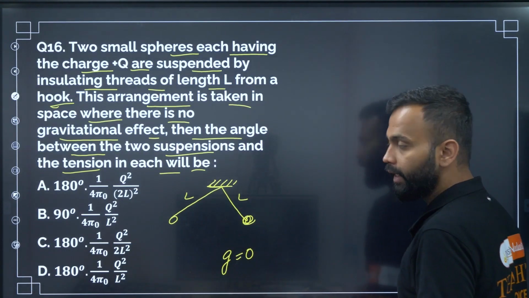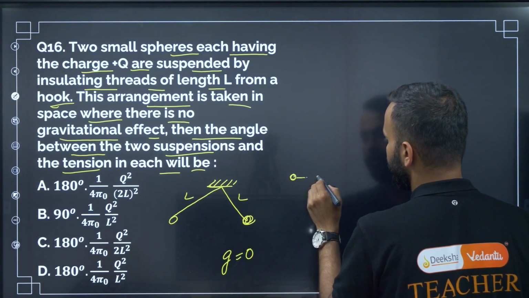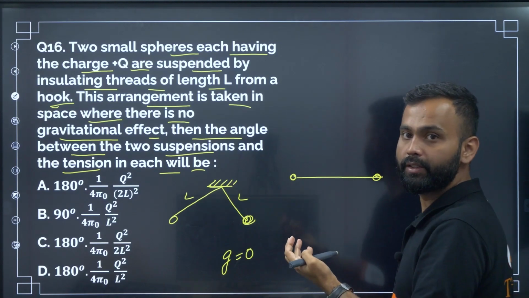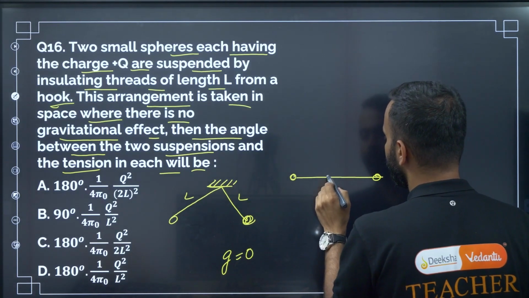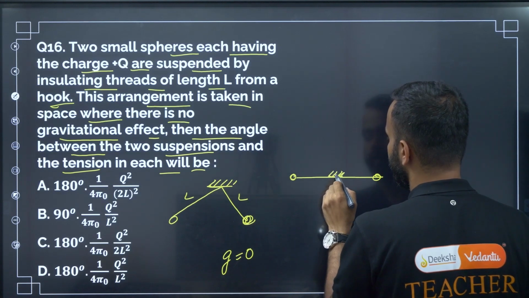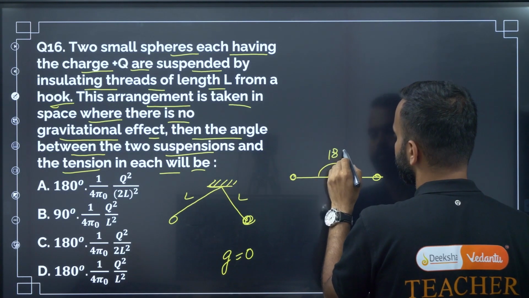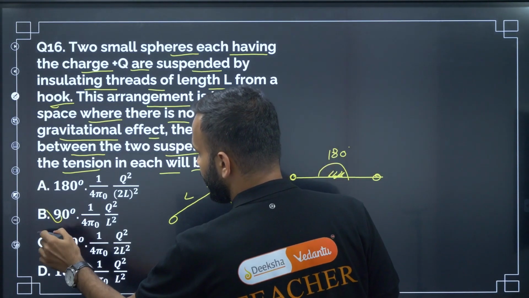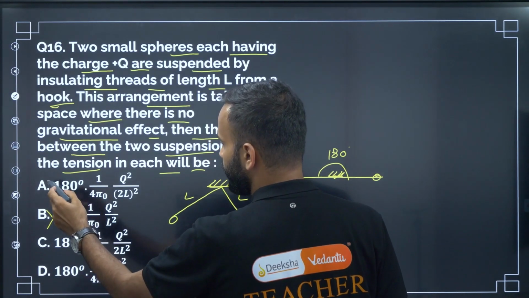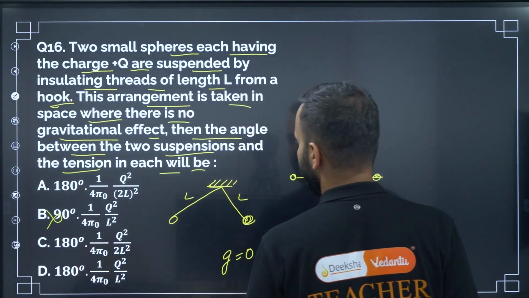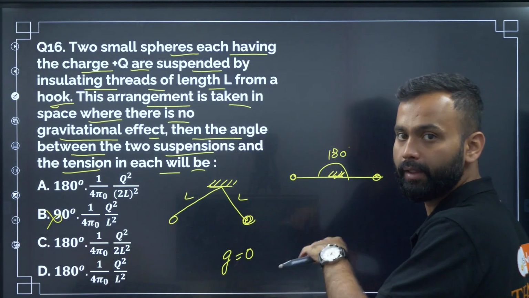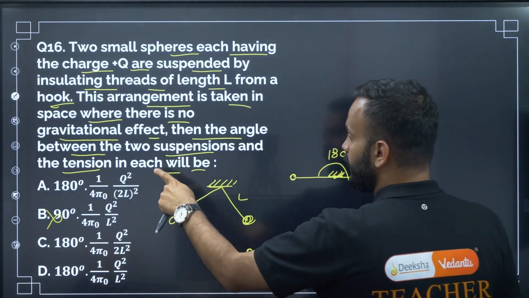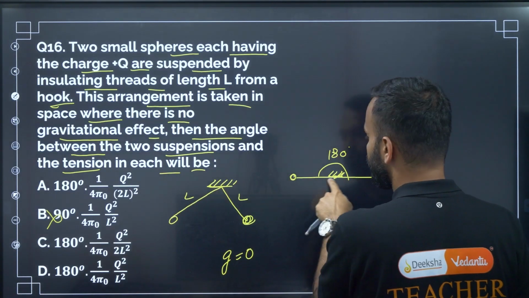When there is no gravitational effect, the angle between the two suspensions is equal to 180 degree. So option B is eliminated. Here we have to choose the correct option between A, C and D. The suspension angle is 180 degree. Now we need to find the tension in these two threads.